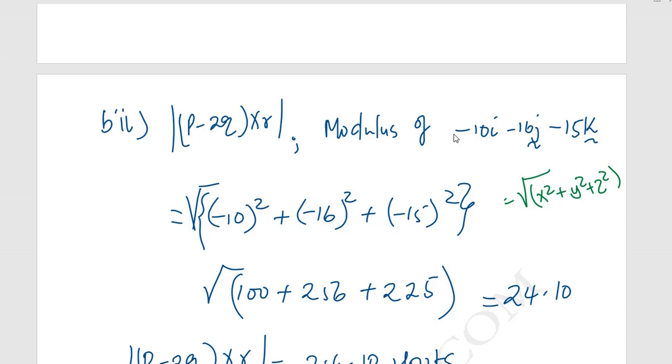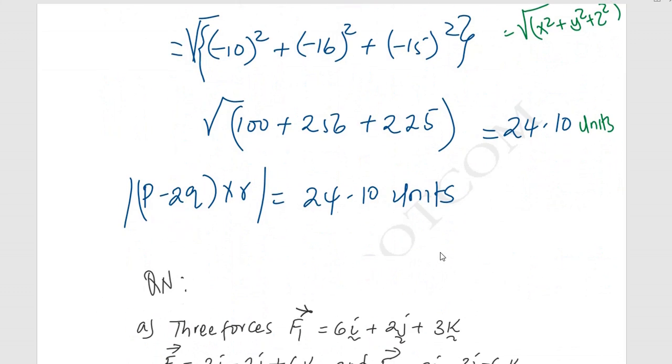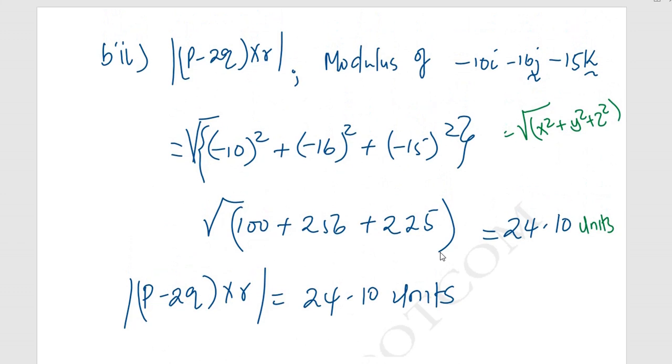Since p minus 2q cross r is a three-dimensional vector, its modulus will be the root of negative 10 squared plus negative 16 squared plus negative 15 squared, and this is going to be 100 plus 256 plus 225, and if I take a root, it will give me 24.10 units. Therefore, the magnitude of p minus 2q cross r is about 24 units.